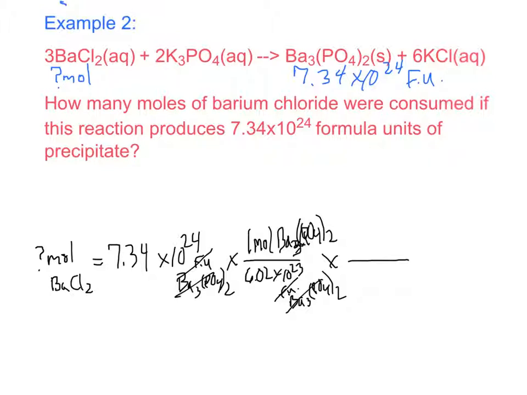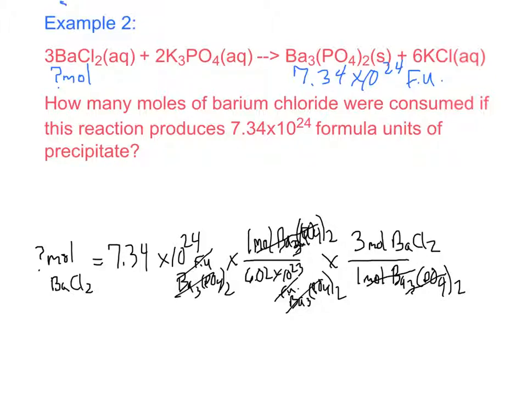And since barium phosphate is going to go on the bottom, I'm going to put 1 mole of Ba3(PO4)2 on the bottom, and I'm going to put 3 moles of BaCl2 on the top. And I'm really glad I don't have to write barium phosphate anymore, because I just canceled the unit out there.